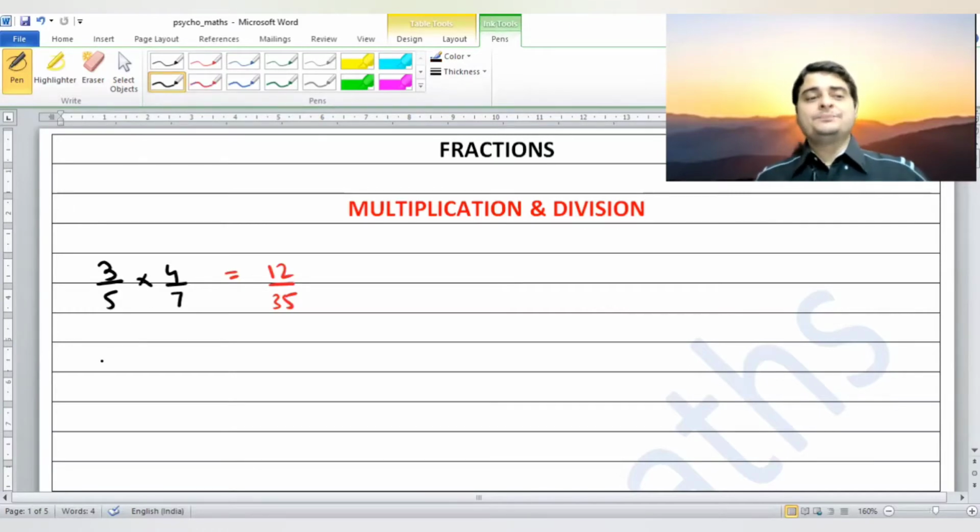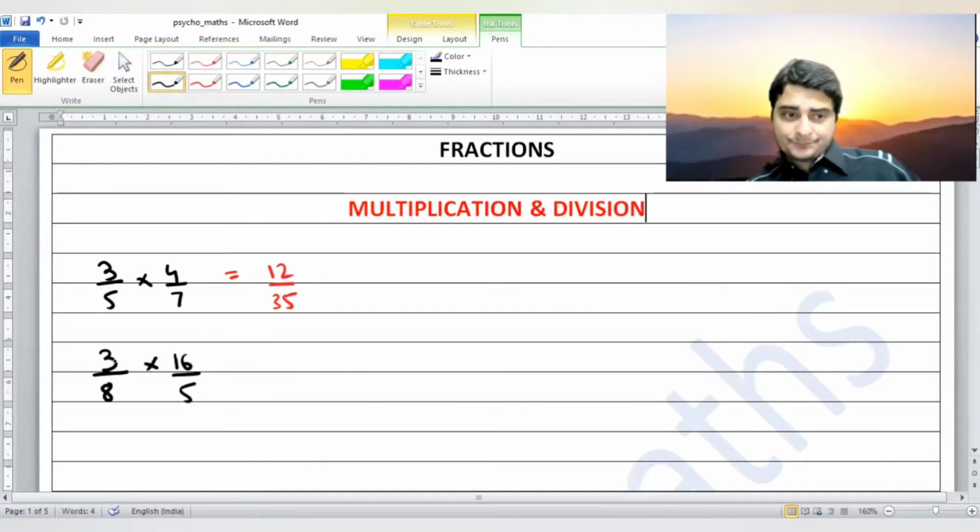Okay, let us get on with our next multiplication example, 3 upon 8 multiplied by 16 upon 5. Now just check whether anything is getting set in terms of the cross connections, opposite attracts. See, 3 by 8, none of them goes in each other's table. 16 by 5 also doesn't.